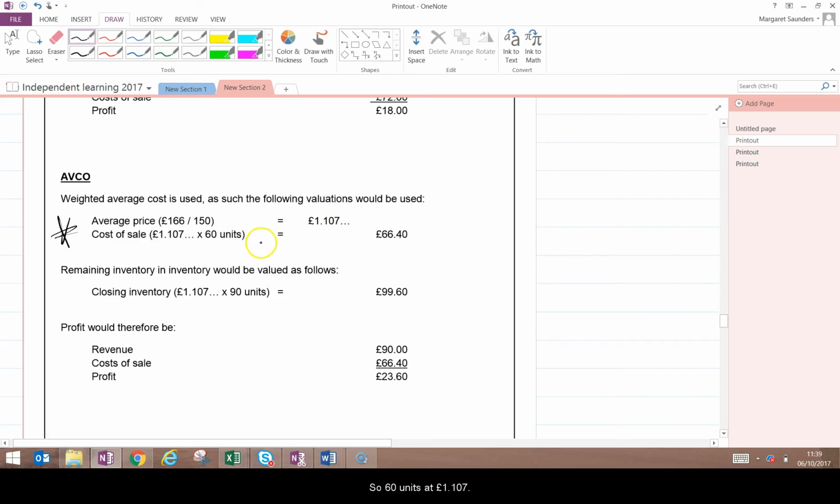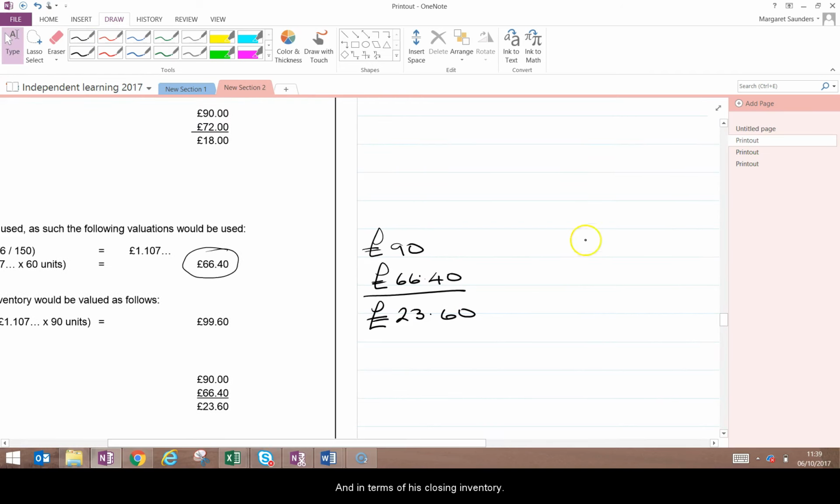So 60 units at 1.107 gives us a cost of £66.40. So if he sold those 60 units for £90, and we're saying they cost £66.40, then using this method we have a profit of £23.60. And in terms of his closing inventory, he had £166 worth of inventory.